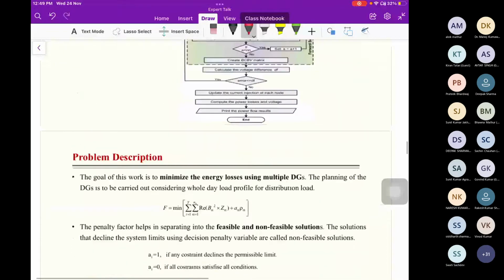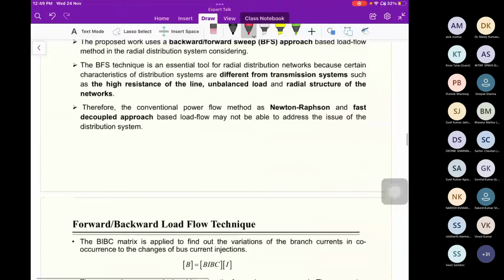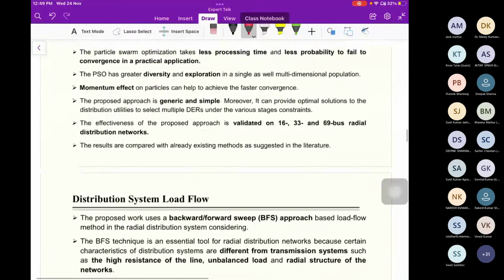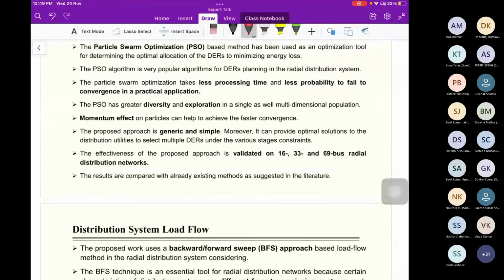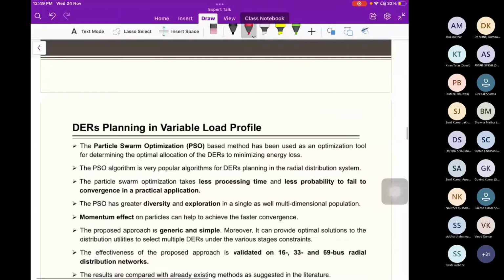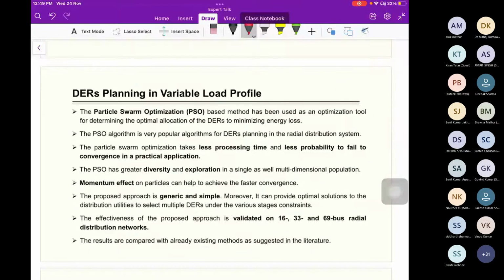So, for the load profiles, we have used the particle swarm optimization algorithm for this planning. It is a very prominent algorithm, with less processing time and a lower possibility of failing to converge in practical applications.